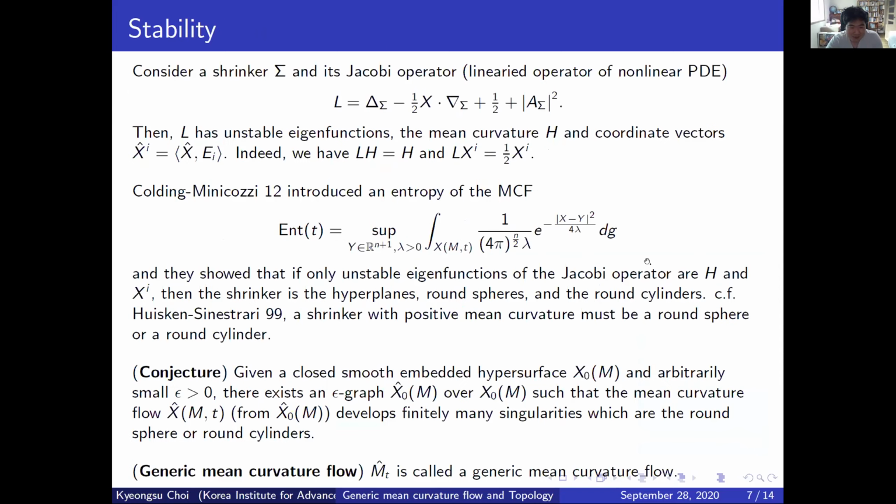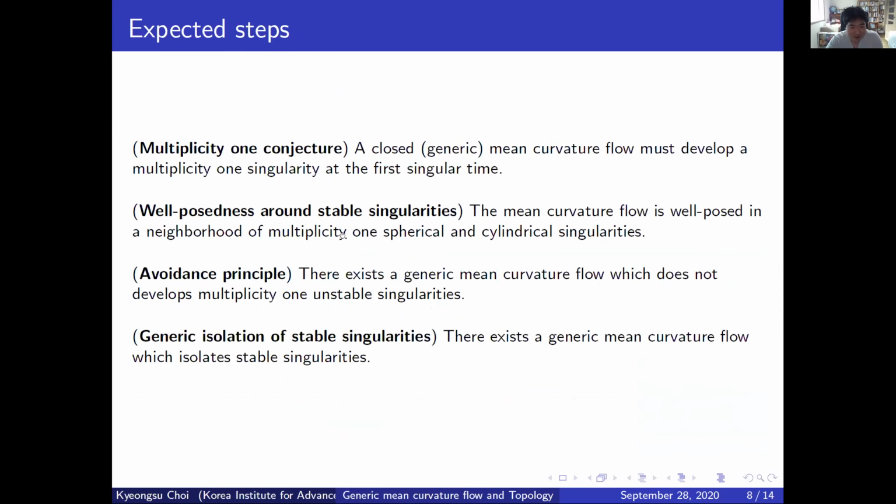The main problem here is, well-posedness is fine, we have proved it. Avoidance is almost done, I think. We don't need to isolate. The D3 is fine, I think, but the problem is the multiplicity 1 conjecture. Unfortunately, we still don't know if the multiplicity 1 conjecture is true or not in our R3 case.